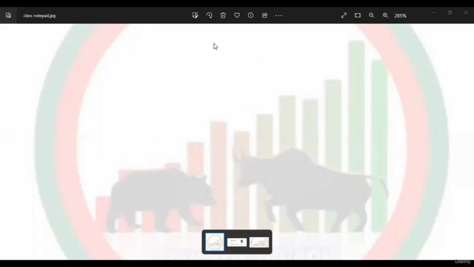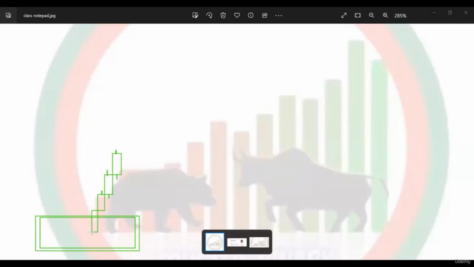So how? Suppose this is a basement of any market, and from that basement market is going up from here. Okay, so if market again started to create any ranging situation suddenly, two things we must follow.